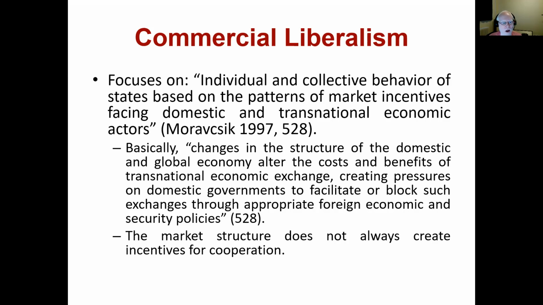This one's focusing on the scarcity side, right? There's limited resources within the world, so you don't necessarily have everything that you want. And so there are different market incentives facing domestic and transnational economic actors.